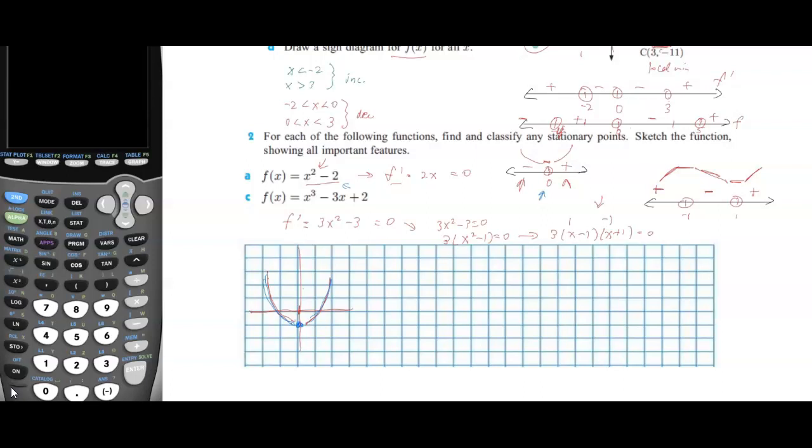Okay, and when do the flats happen? At -1 and 1. So we could draw a sketch of this function saying that, okay, at -1 and 1, the function is momentarily flat.